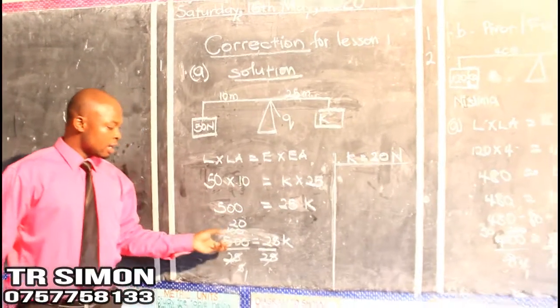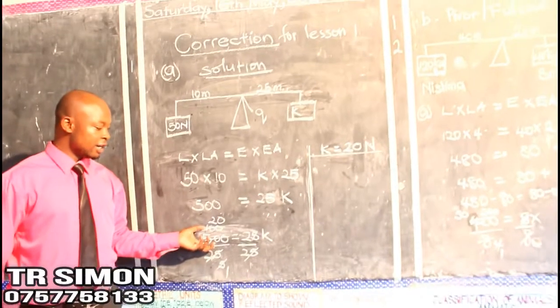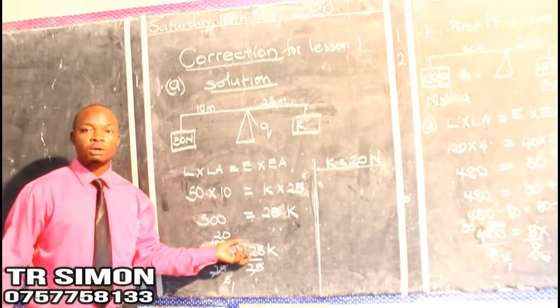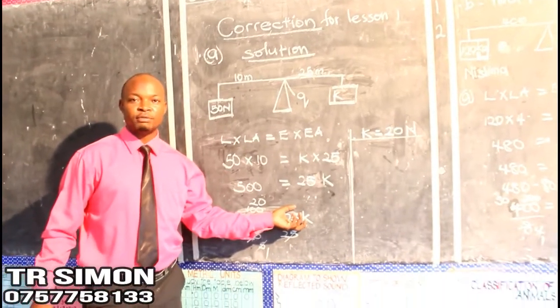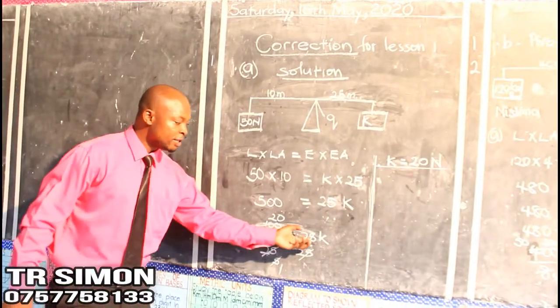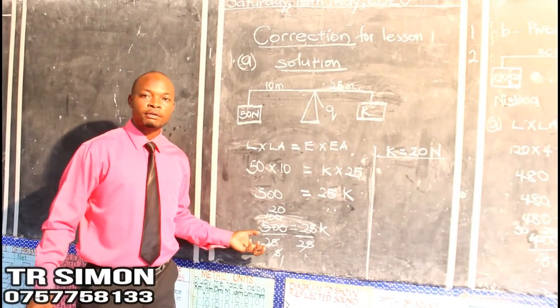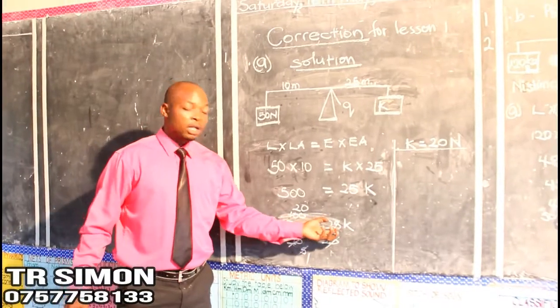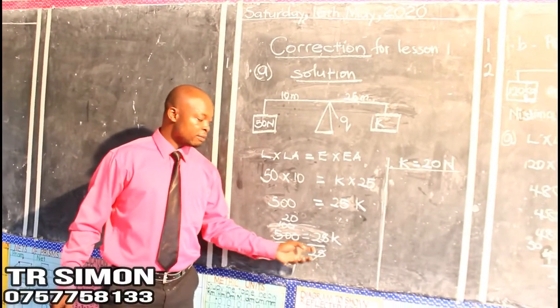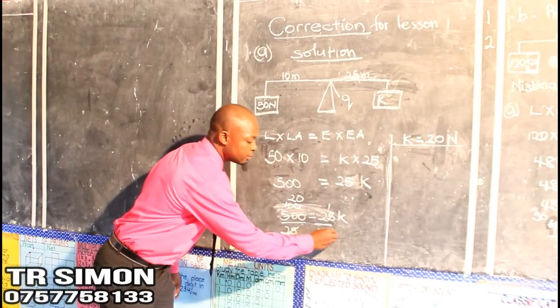25K. And then we get 500 is equal to 25K. We must make K the subject by eliminating 25. So we're going to get 500 divided by 25, and then 25 divided by 25, whereby 25 divided by 25, we are going to get 1.